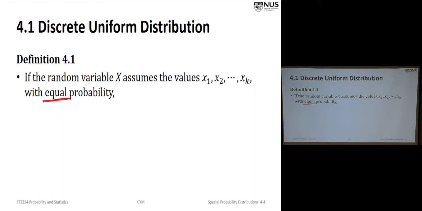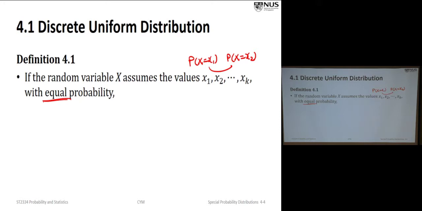If it's not equal probability, is it still a probability distribution? What this means is that the probability of x equal to x1, the probability of x equal to x2, and so on, are all the same. Now my question is, can they be different? As a distribution, yes, they can be different.